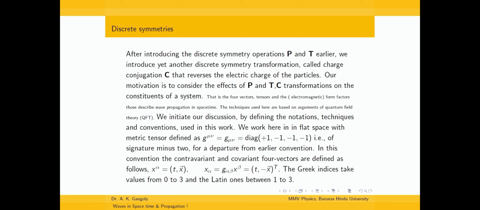The signature of the metric that we consider to be +1, which is pretty popular among the practitioners of GR, that is general relativity theory, we will just change it to -2.